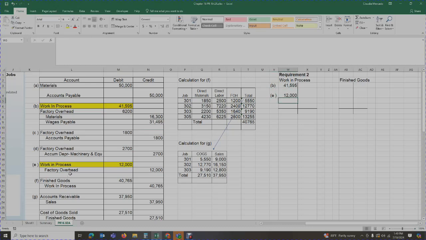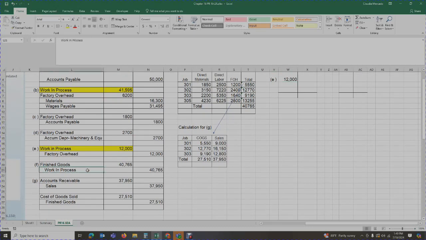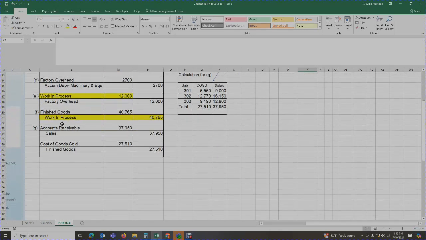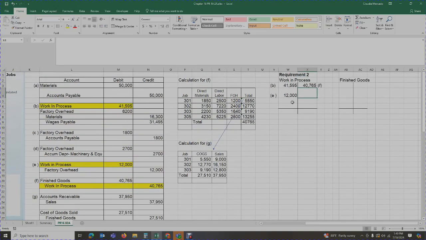I'm going to keep on going down. I've got another entry here for work in process. Now I have a credit of 40,765. That is letter F, so I'm going to put letter F, 40,765 credit. And that's all I have. I have 3 entries to my work in process.